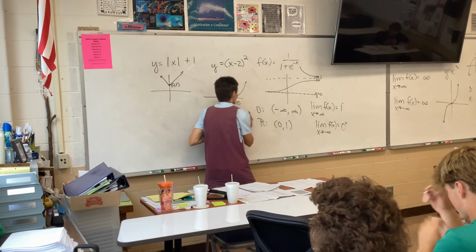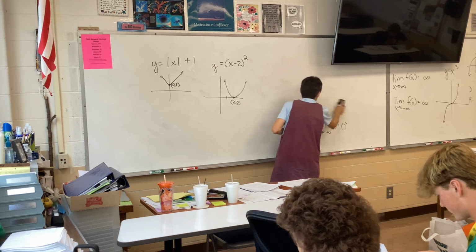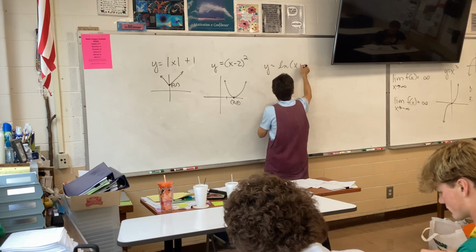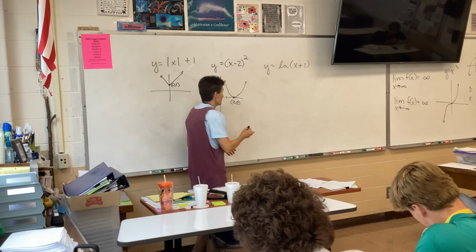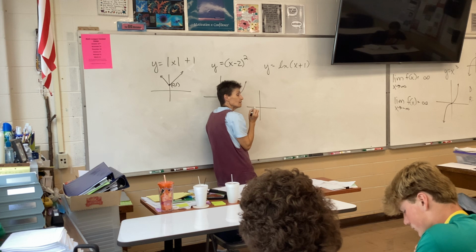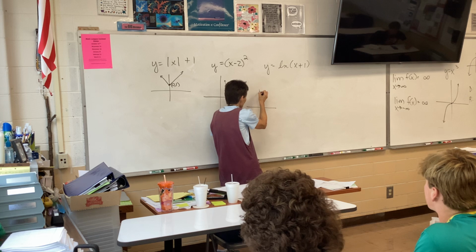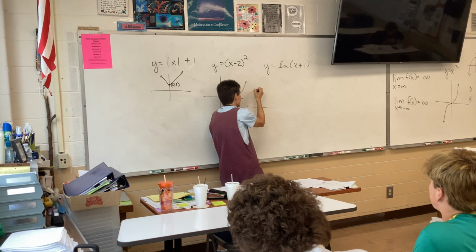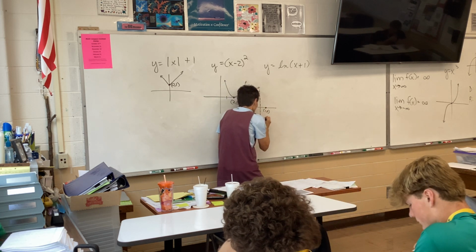All right, number 3. Now, you're brand new at this, right? I think anyway, pretty much brand new. So let's just refresh our memories here. What is the basic logarithm? What does the basic logarithm look like? It has an asymptote at x equals 0, and it has an intercept here, and it does that.